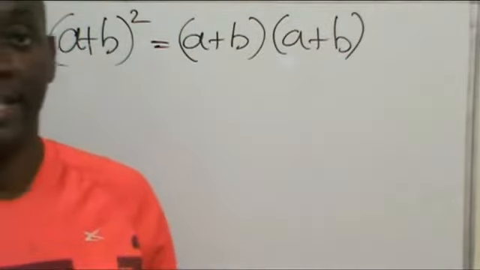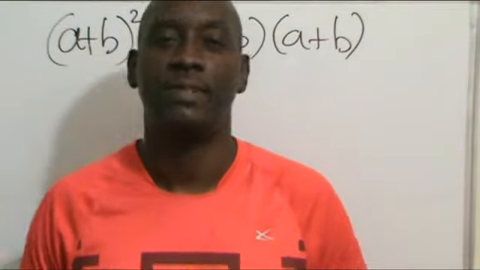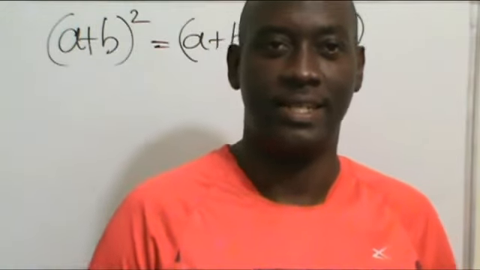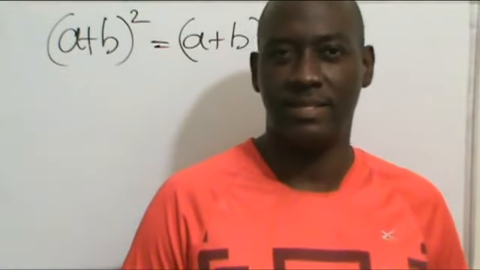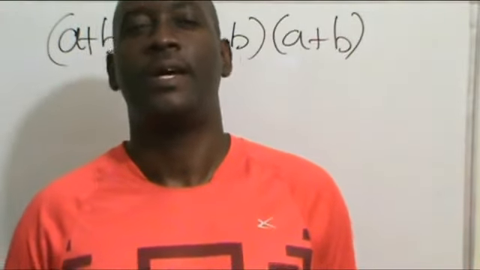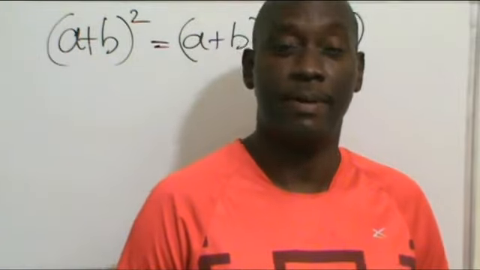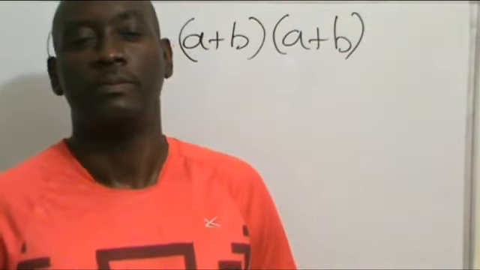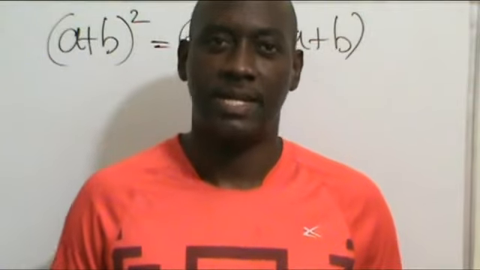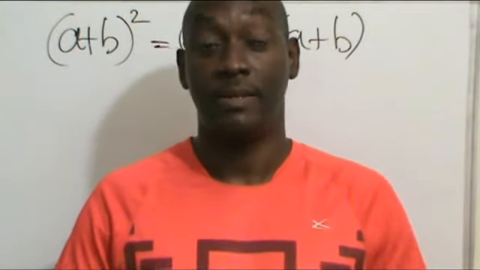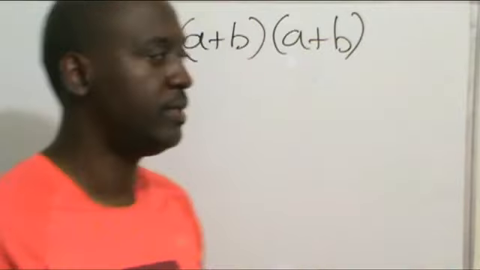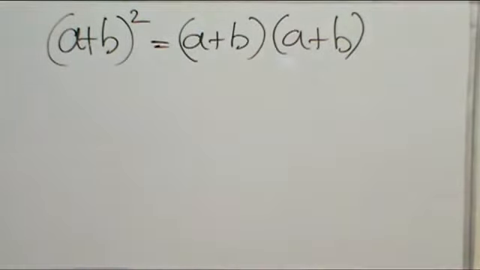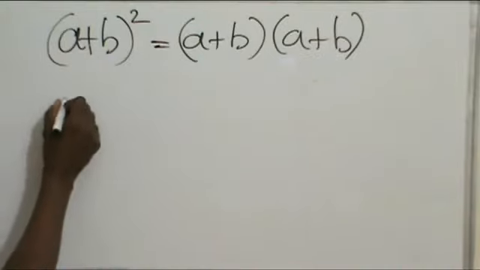If 5 squared is 5 by 5, and 10 squared is 10 by 10, and 2 squared is 2 by 2, and minus 6 squared is minus 6 by minus 6, and minus 7 squared is minus 7 by minus 7, and minus 8 squared is minus 8 by minus 8, then a plus b, all in brackets squared, could only be a plus b multiplied by a plus b. And we expand it.